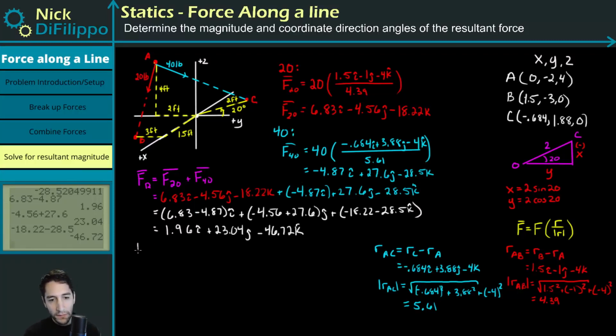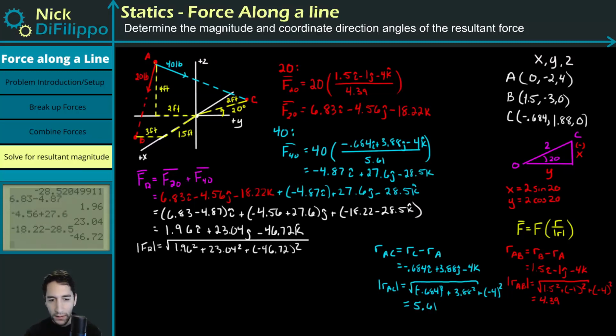So my magnitude, FR, is going to be the square root of 1.96 squared plus 23.04 squared plus a minus 46.72 squared.